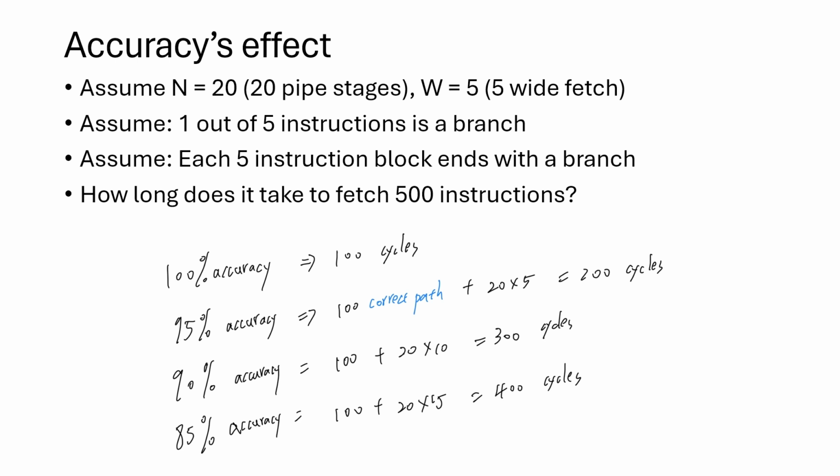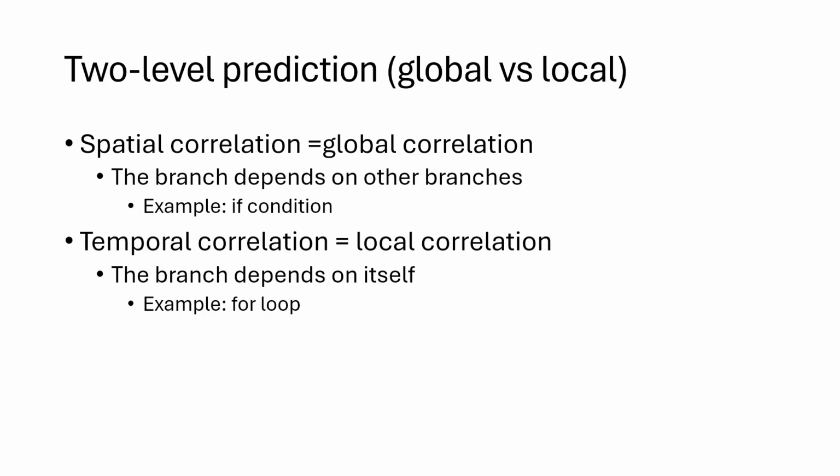But when the accuracy is lower by 5%, it will need 200 cycles. If the accuracy is 90%, it will use 300 cycles. So even if the prediction accuracy is 95%, which sounds really good, it still needs double the cycles to execute the program.